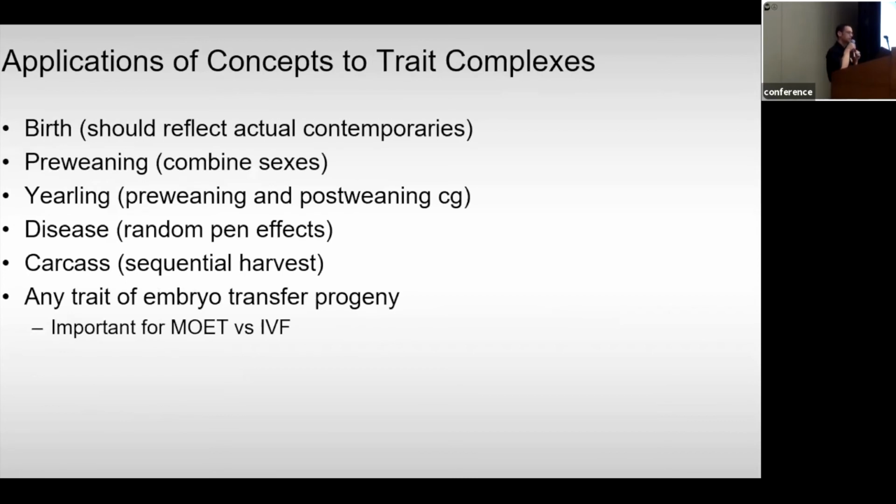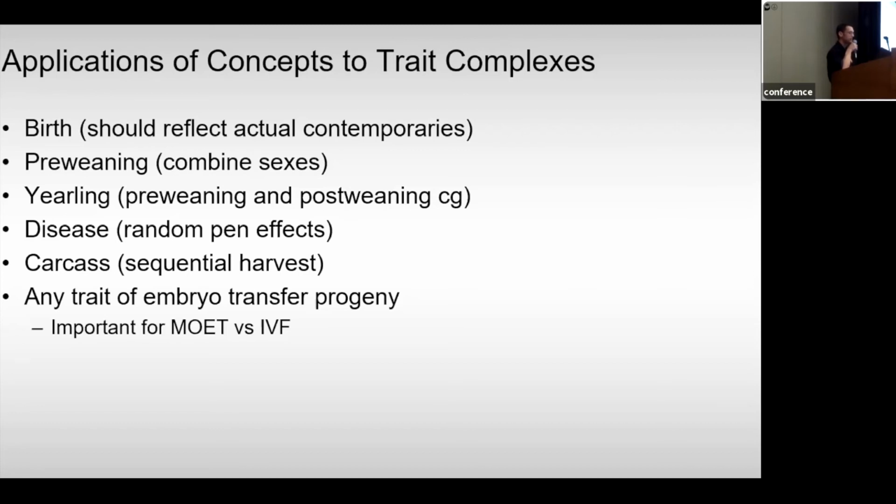And there's a lot of applications of concepts that we've gone over here for a lot of trait complexes. Birth, as an example, should reflect actual contemporaries. Pre-weaning, it would make sense to combine the sexes, and you can fit a cross-classified sex effect. Yearling, you could fit both the pre-weaning and post-weaning contemporary groups separately.